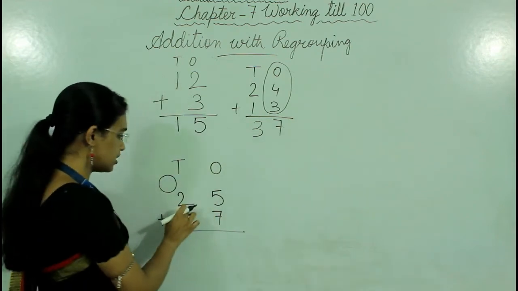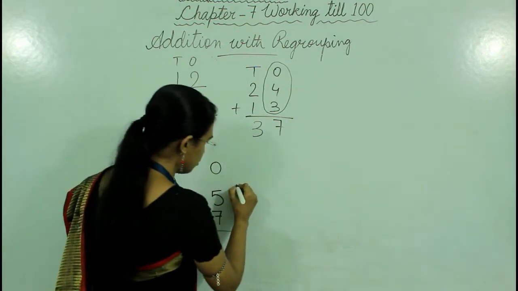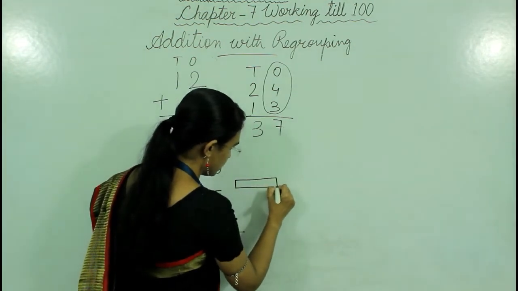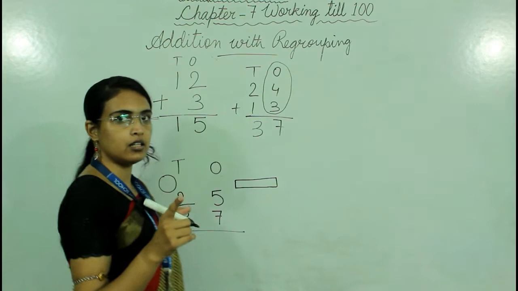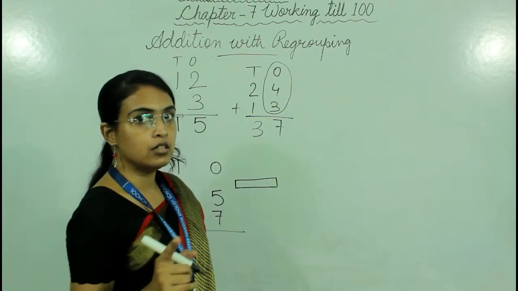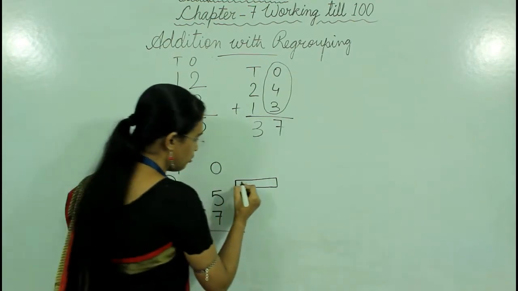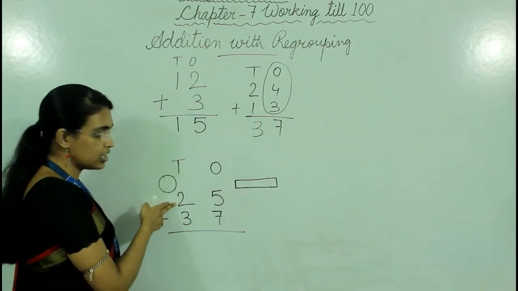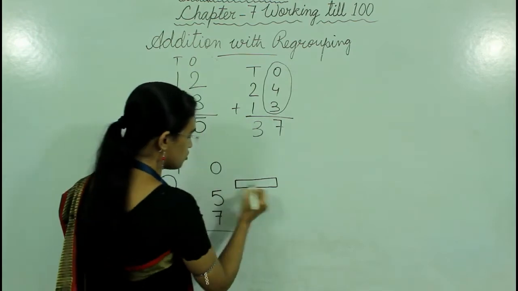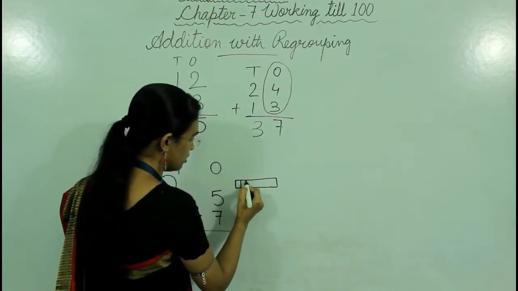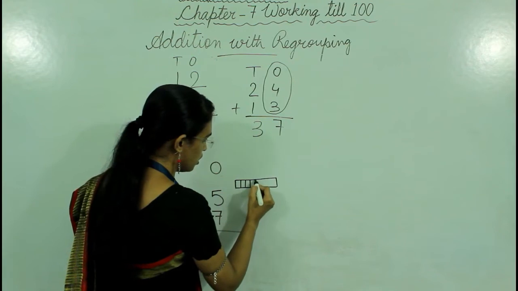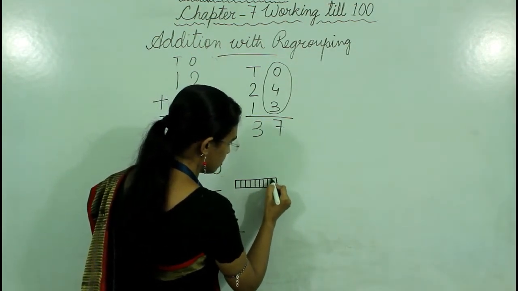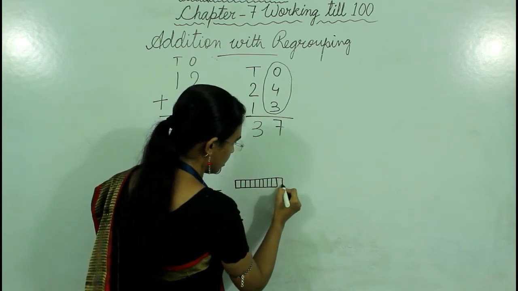How? Here it is written 2, so you have to make a group of 2 tens. In one 10, how many blocks are there? 10 blocks, right? So we have to make this type of block 2 times, because here it is written 2. So this is 1, 2, 3, 4, 5, 6, 7, 8, 9 and 10.